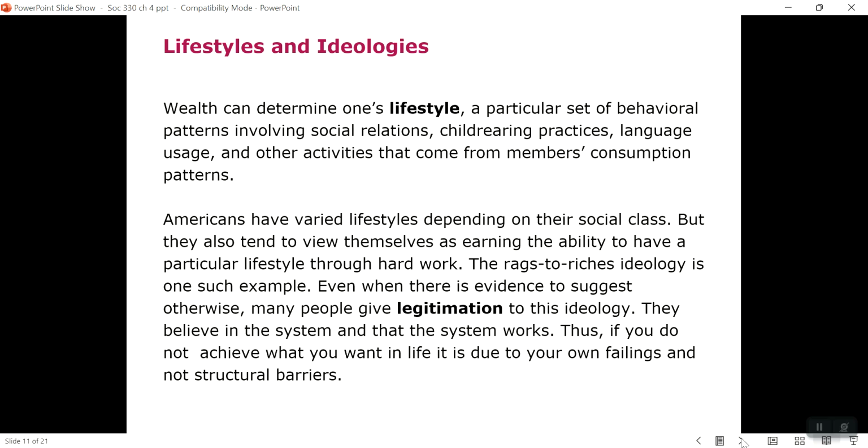As I said, lifestyle is part of social class: how we live, what kind of car we drive, what kind of home we live in, what kind of community, what kind of educational opportunities are available to us. All of those things are part of one's lifestyle.